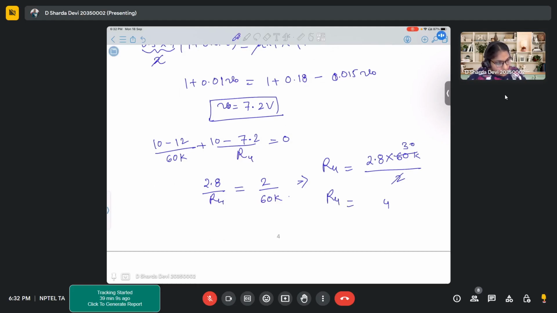So R4 that we are getting is 84 kilo ohms.